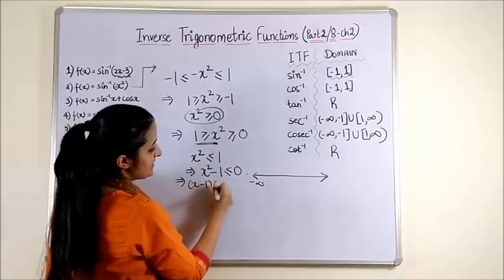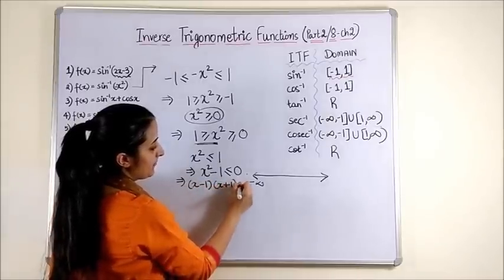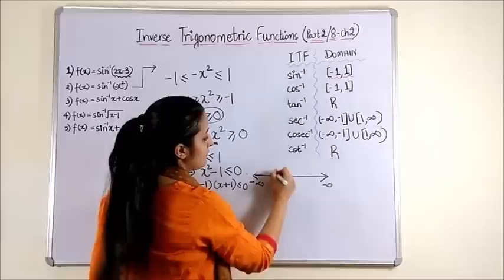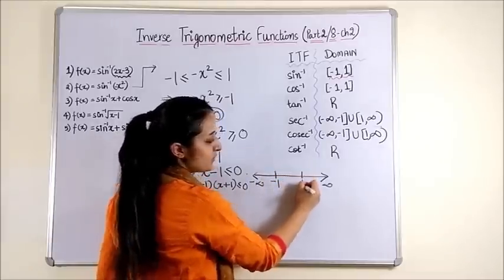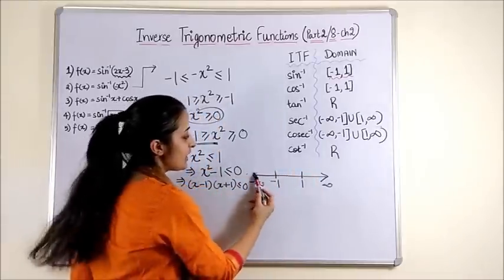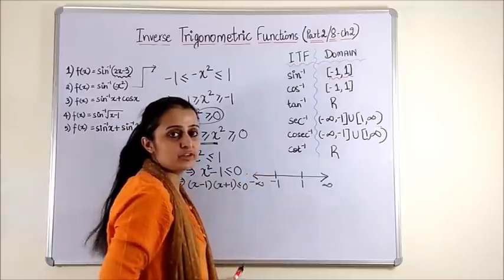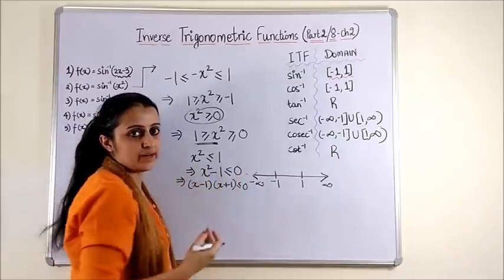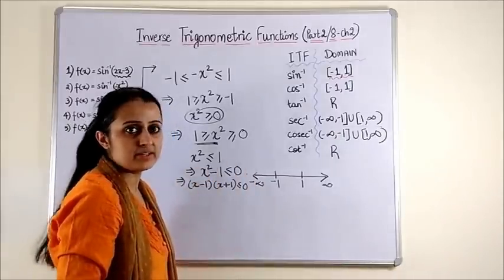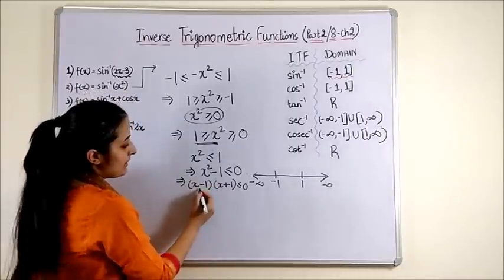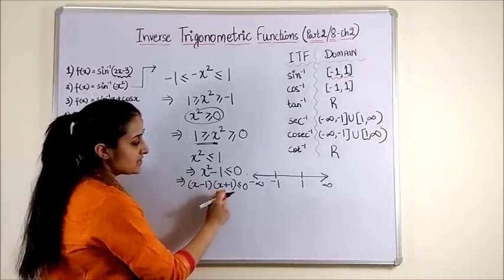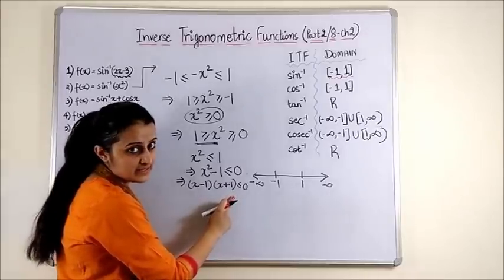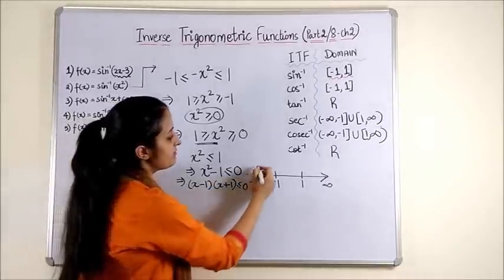If I factorize x square minus 1, we plot the factors -1 and 1 over here, and now check each of the subintervals for the respective sign. For instance, between -infinity and -1, let us say I select a number, say -2, then -2 minus 1 gives me a negative answer, -2 plus 1 again gives us a negative answer, negative and negative make it positive.